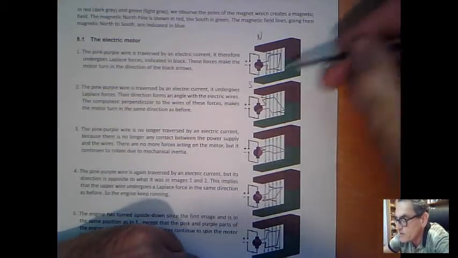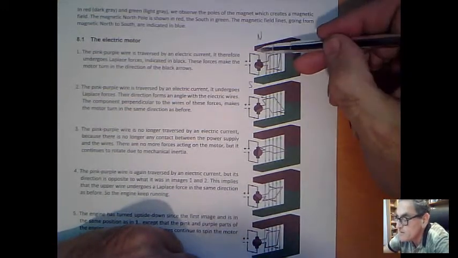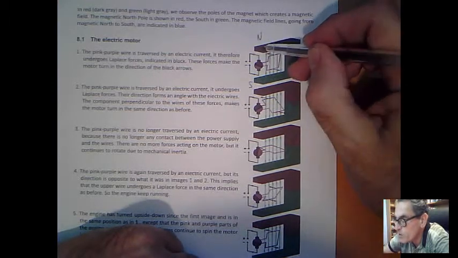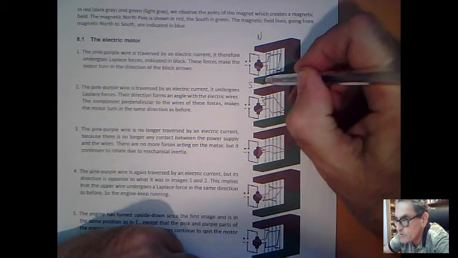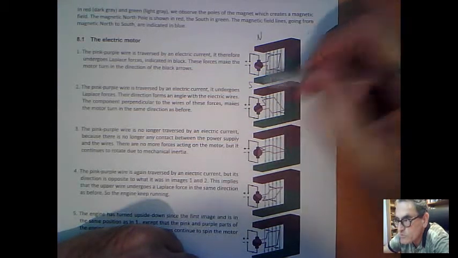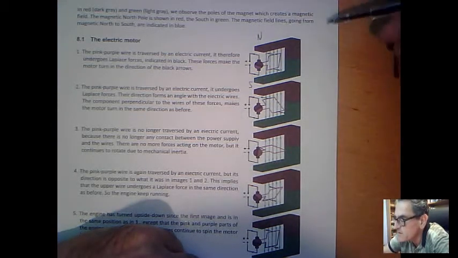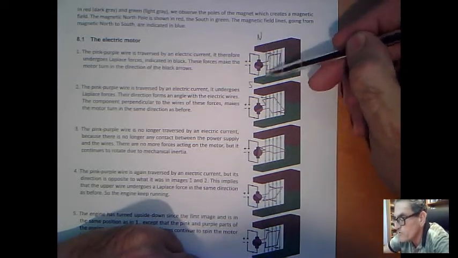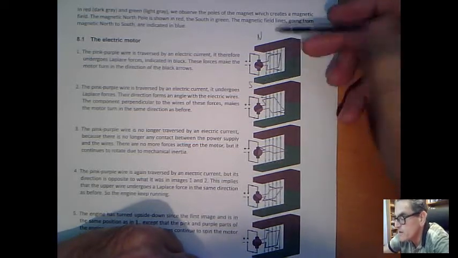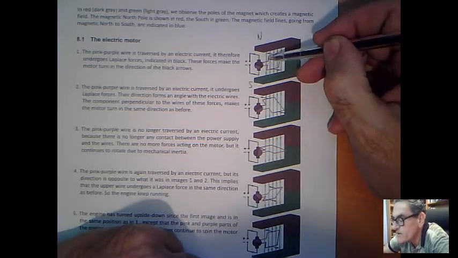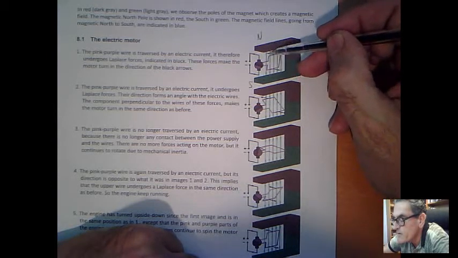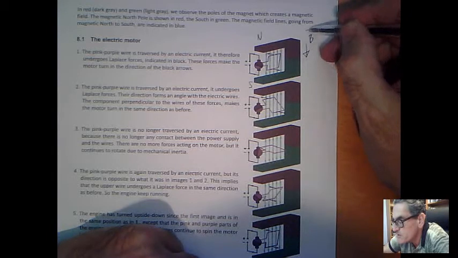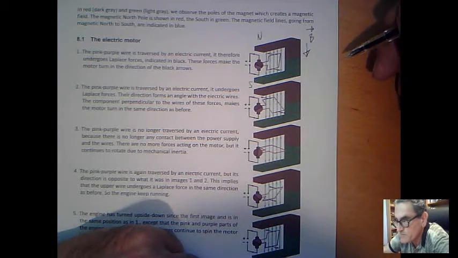The north pole is red, the south pole is green, and since it's U-shaped, you have one pole at one end and the other pole at the other end, as usual. But by folding the magnet, you can have the poles facing each other. And so you have a magnetic field which is vertical from the north to the south, pointing downwards here.